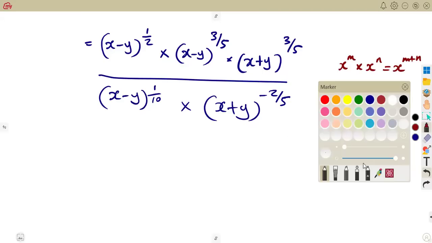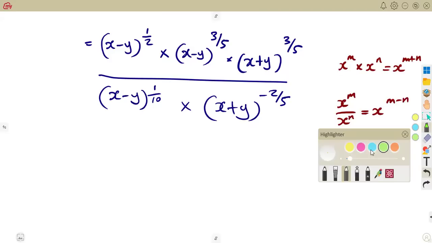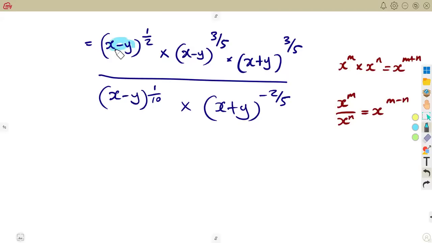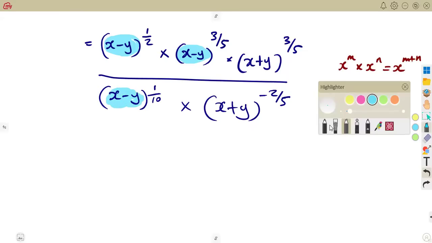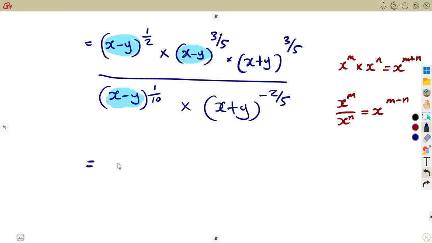So you need to consider where we have the same bracket, like this part of x minus y. Where do we have any part of x minus y? There is here x minus y. There is also this x minus y. So considering that part of x minus y, what is happening, guys? Let's analyze.